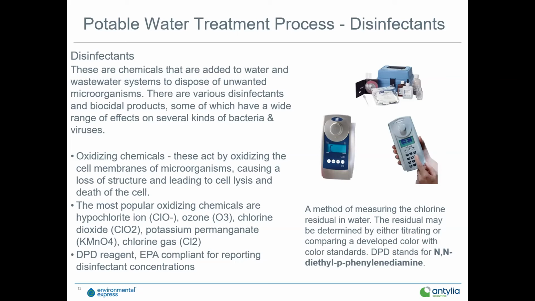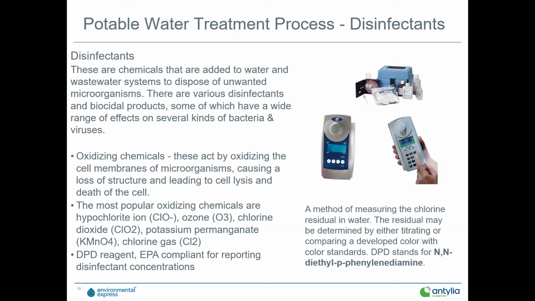And whenever you're doing colorimetric measurements, whether you're measuring free chlorine, which is normally a measure of the killing strength of a solution, or total chlorine, which is used more often in wastewater treatment, DPD is the EPA compliant wet chemistry reagent for disinfectant concentrations.